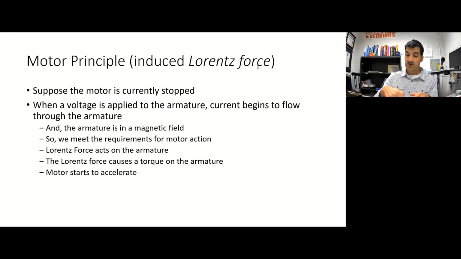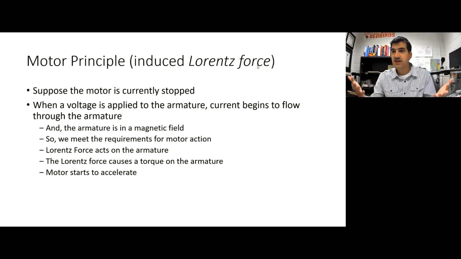So if we have current flowing through a conductor inside of a magnetic field, then that meets the requirements for motor action, which gives us a Lorentz force. So if we get a Lorentz force on the armature, and that armature is free to rotate around a central axis, then that's going to create a torque on the armature. And the torque is the force, which is the Lorentz force, times the distance from the central axis to the Lorentz force.